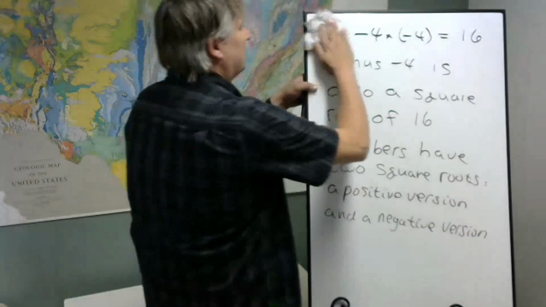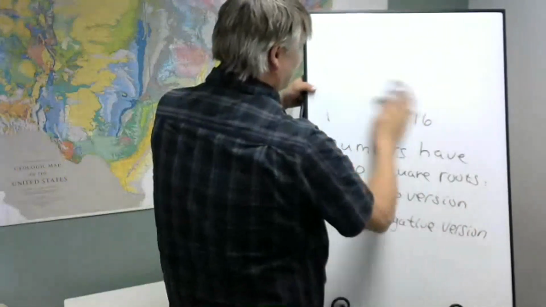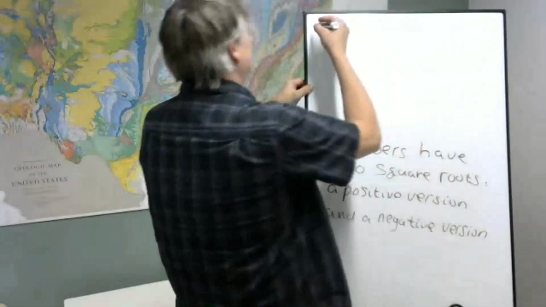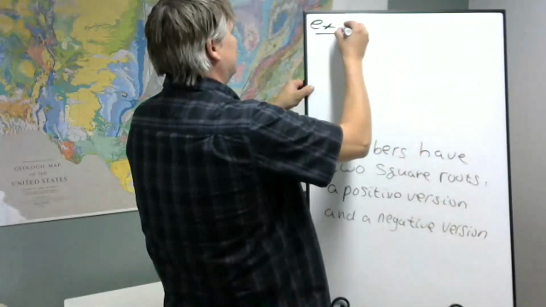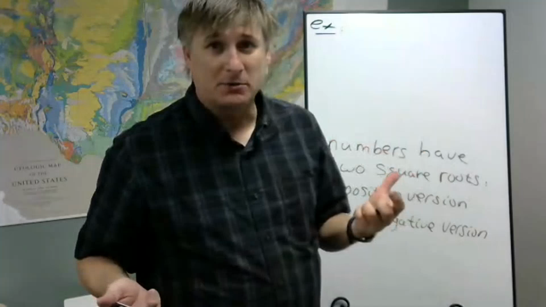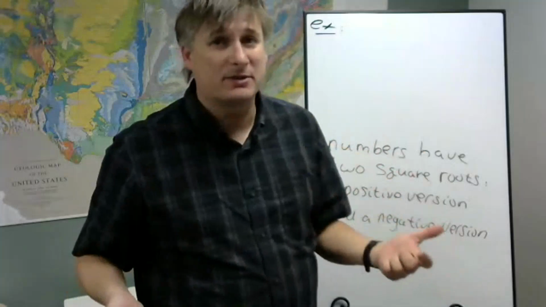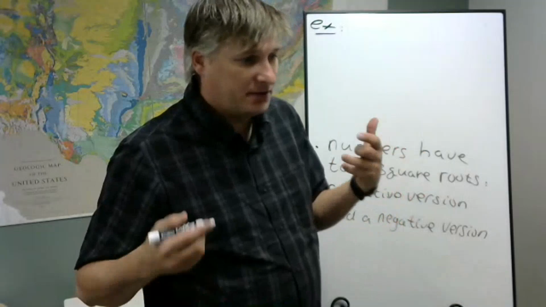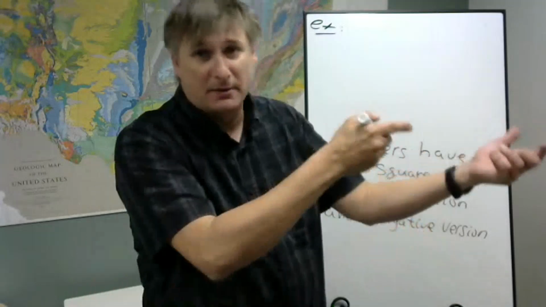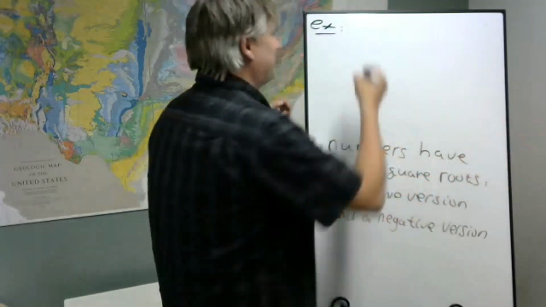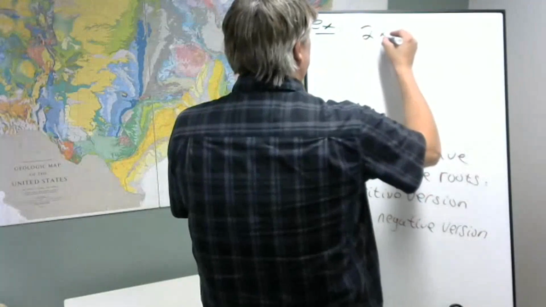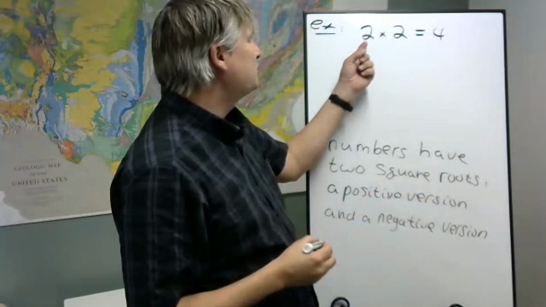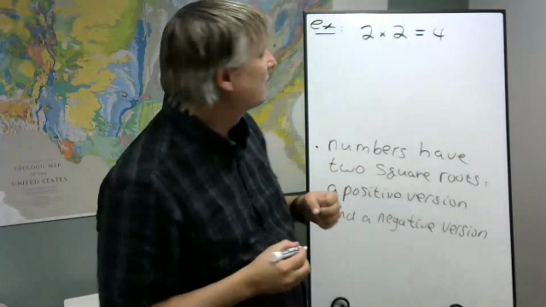So let's say we have this. Let's take 2 times 2. Again, whatever number comes out of that, we know that the square root is going to be 2, because the square root is the thing that times itself gives you that number. So if we do 2 times 2, we get 4. So this means 2 is the square root of 4.